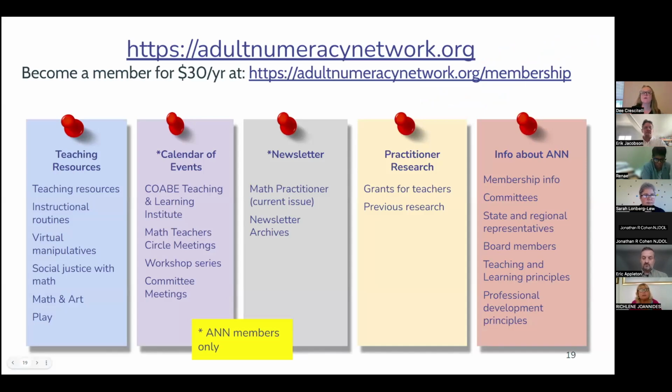And then we referenced at the beginning, Eric talked a little bit about who we were at the Adult Numeracy Network. We are a resource for all adults teaching other adults mathematics, right? And so we have teaching resources. There's a lovely calendar of events, a newsletter.